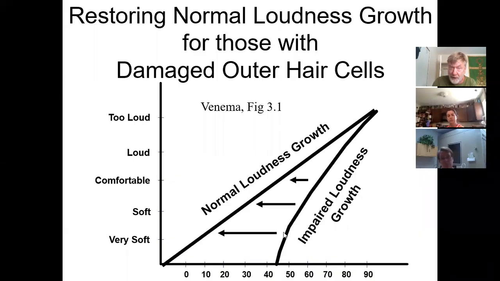So hearing aids have to amplify soft sounds by a lot and loud sounds by little or nothing at all. And that is called compression. You're going to remember this for the rest of your lives in this field. Compression is why hearing aids cost so much.